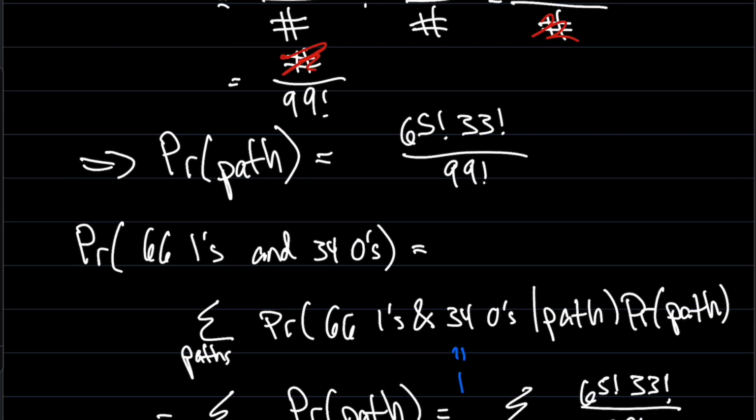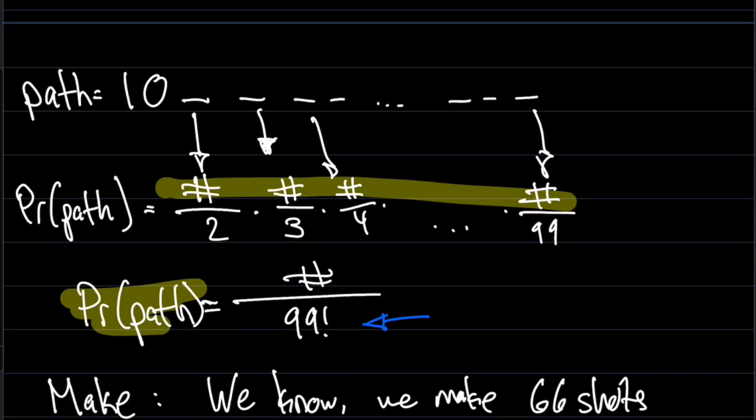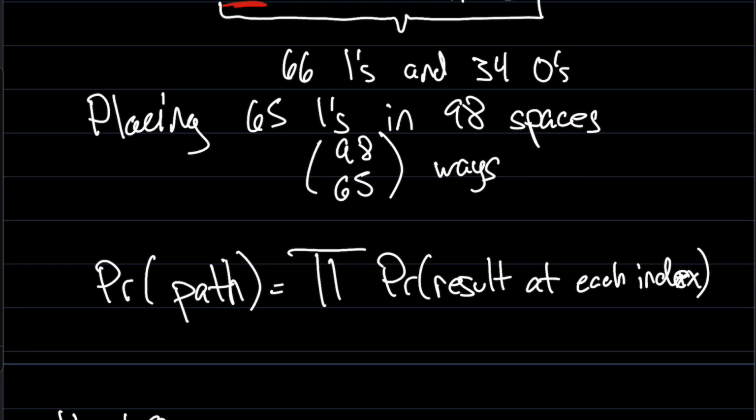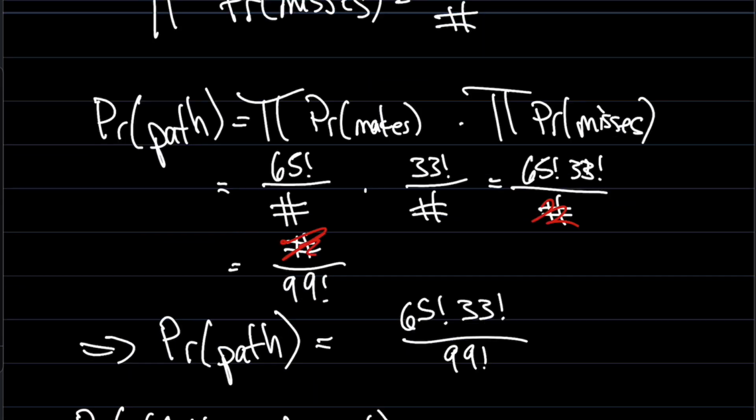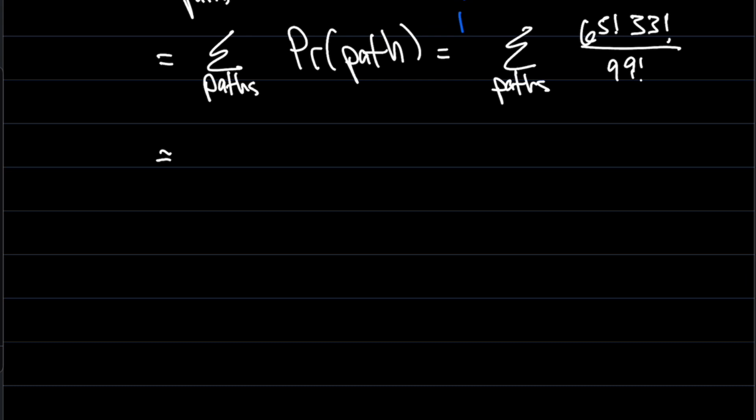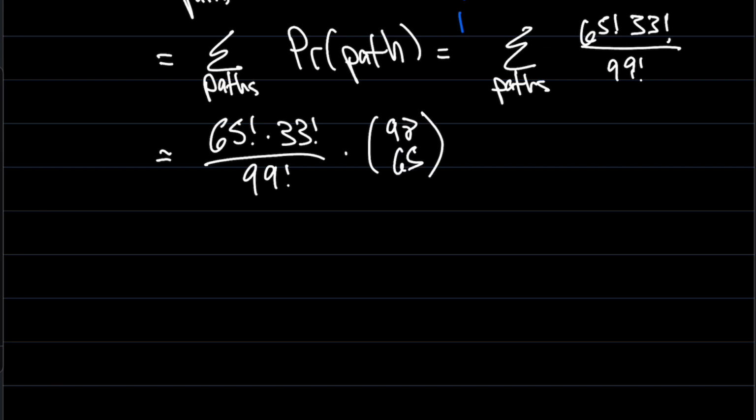And how many paths are there? Well, we actually said that earlier. We said that there were 98 choose 65 ways to make a path that has 66 ones and 34 zeros, given your first one is a 1 and 0. But we know what that constant is, so we can just take this 65 factorial times 33 factorial divided by 99 factorial and multiply it by however many there are, which we said was 98 choose 65.